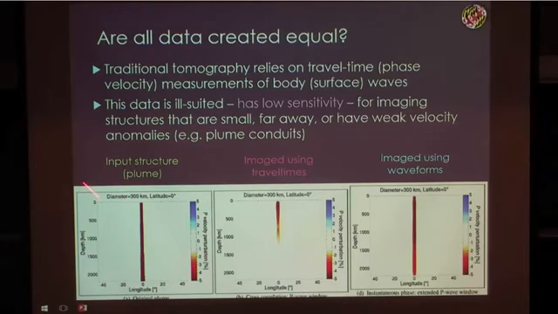And if you have perfect illumination, so you put your sources and receivers everywhere and you do a really good job, if you try to image this plume just using travel times, this is what you're going to get. You're going to lose it down here, because your path lengths that sample the structure down here tend to be longer, and so they're going to heal. Those travel times will heal, and you won't see the signature of that plume in the first arriving travel time.